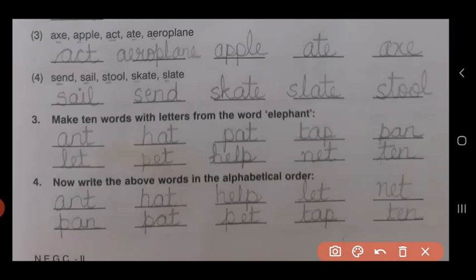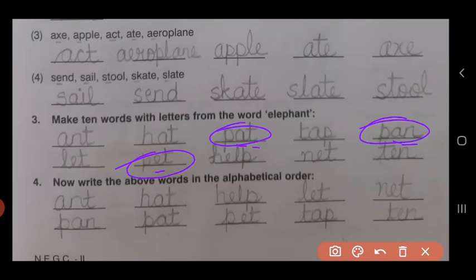P I have 3 words. Pat, pan and pet. Now children, look at the second letters. In the second, here I have A and E. Now that I have 2 words starting with A also, let me look at the third letter, T and N. So from T and N, which will come first?